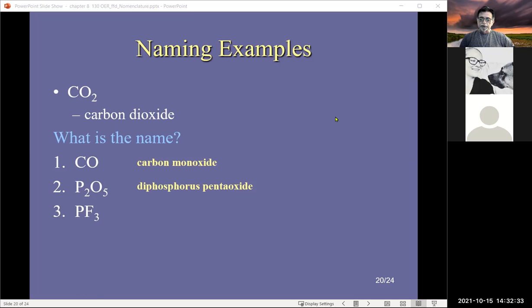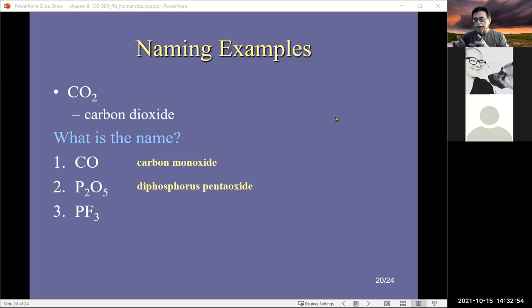All right, similar scenario. Notice phosphorus is the first element, the central atom, so we keep the name phosphorus. If it was the second element, then we would change its name to phosphide, but it's not. It's the first element, so we maintain phosphorus.